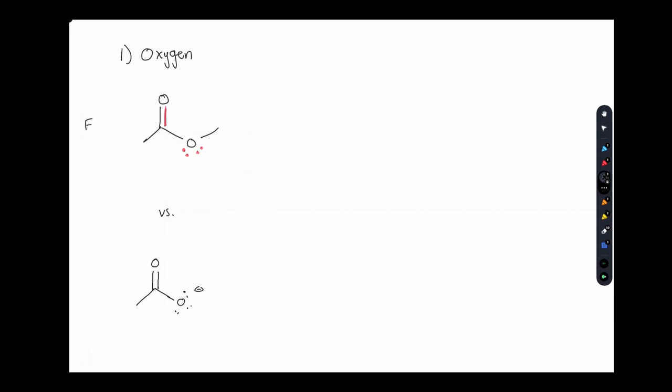The answer is that this is an ester. You can tell it's an ester because we have one carbon that's double bonded to one oxygen and singly bonded to another, but that oxygen is connected to a carbon instead of a hydrogen. If it was a hydrogen, it would have been a carboxylic acid.